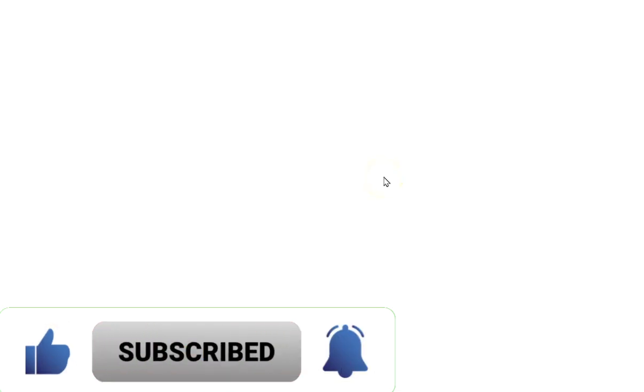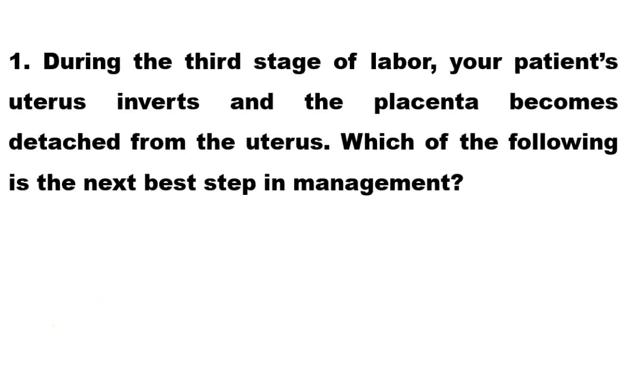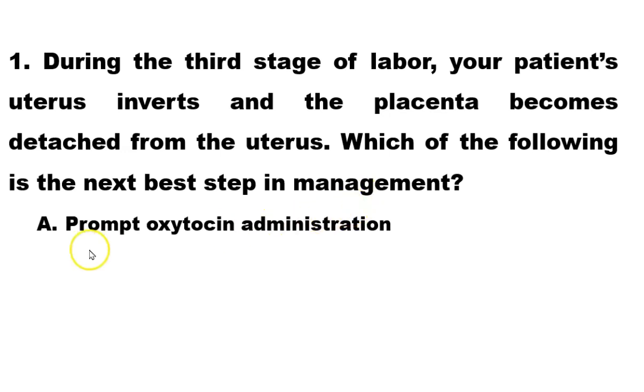This is an obstetric-related question. Question number 1. During the third stage of labor, your patient's uterus inverts and the placenta becomes detached from the uterus. Which of the following is the next best step in the management? A. Prompt oxytocin administration.